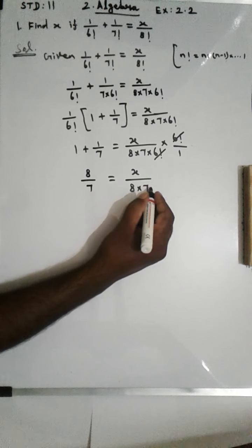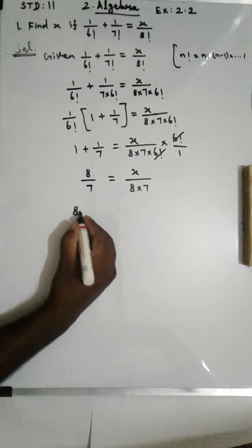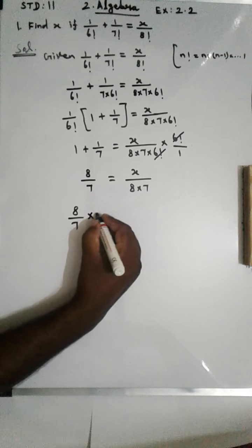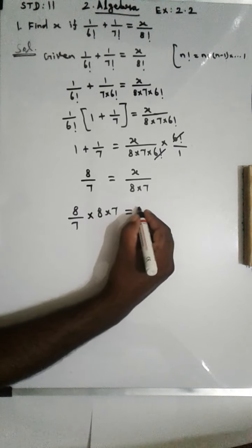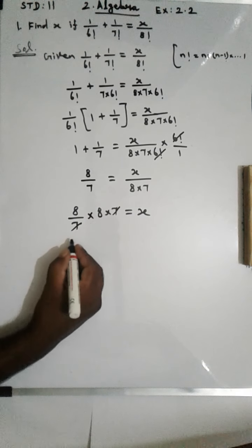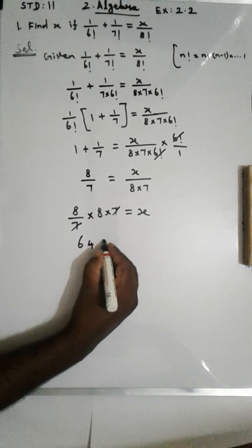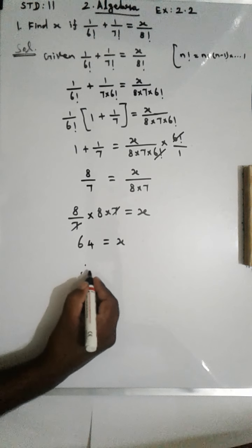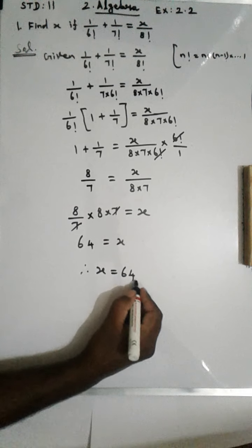So we should take 8 into 7 to the left hand side. 8 divided by 7 into 8 into 7, it's a cross multiple here, equals x. 7, 7 cancel. 8 8s are 64 equals x. Therefore, x equals 64.